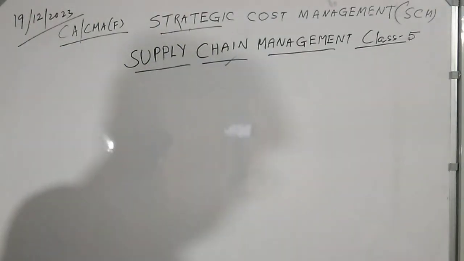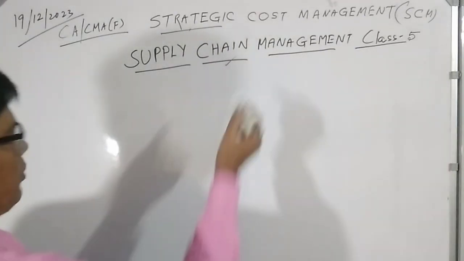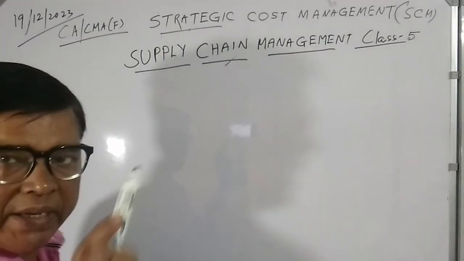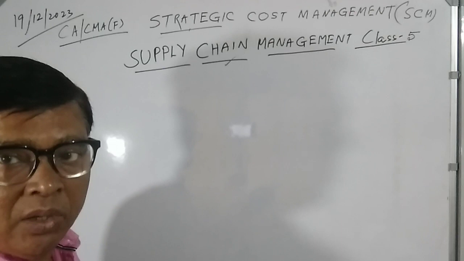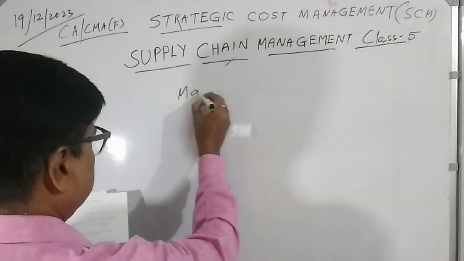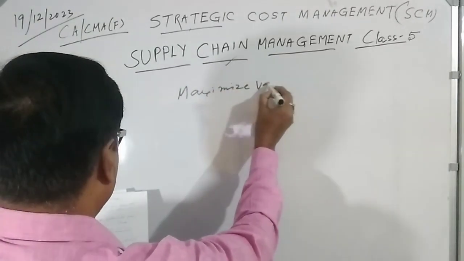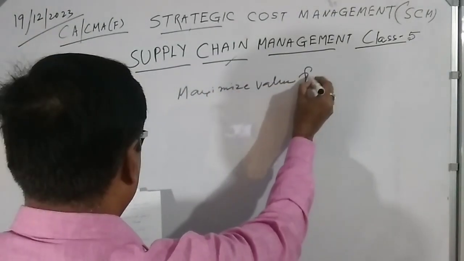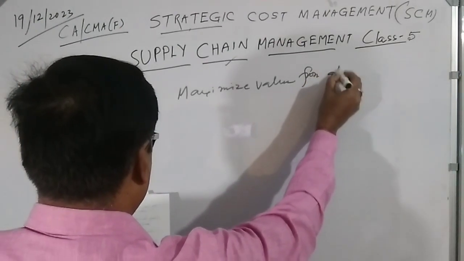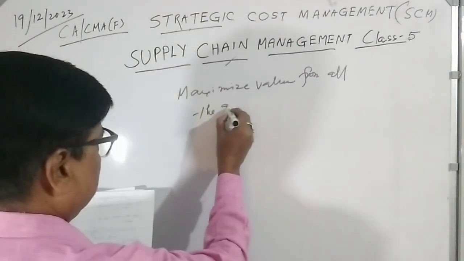Now let us go to the maximization process. You see, cost reduction in another way is value creation, maximizing value from all the activities.